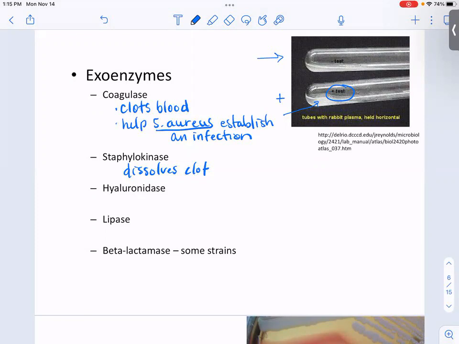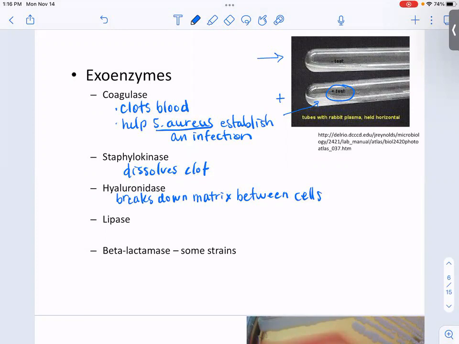Some other exoenzymes, one that we talked about a while ago, hyaluronidase. Remember, hyaluronic acid is that matrix between cells. So hyaluronidase breaks down that matrix, or that glue that holds cells together. Okay, so again, the point is invading deeper into our tissues.